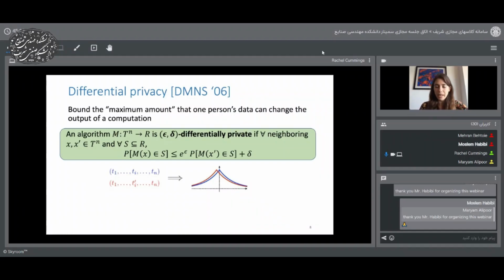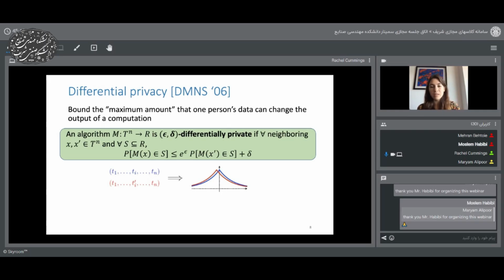And this notion of "about the same" has two parameters. The first is this e to the epsilon term, and this is effectively bounding the ratio of these two terms. And then we have a delta that provides some kind of additive slack.